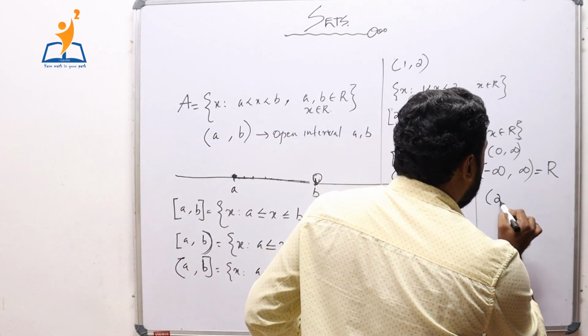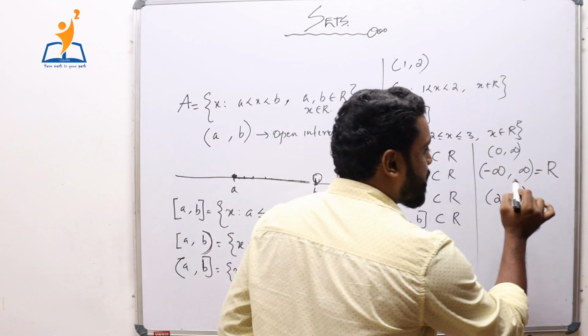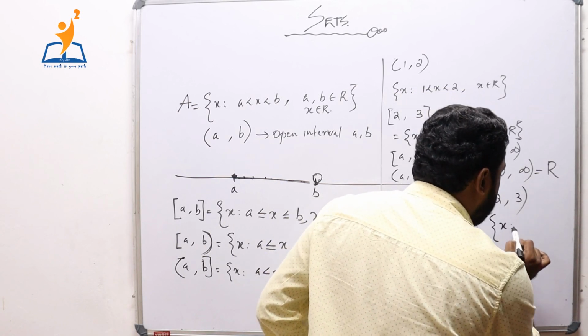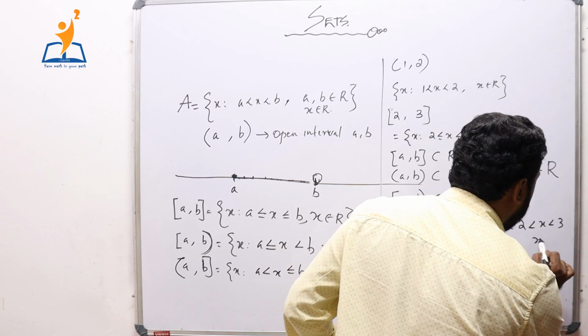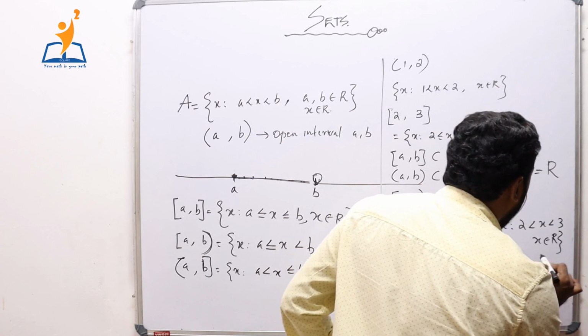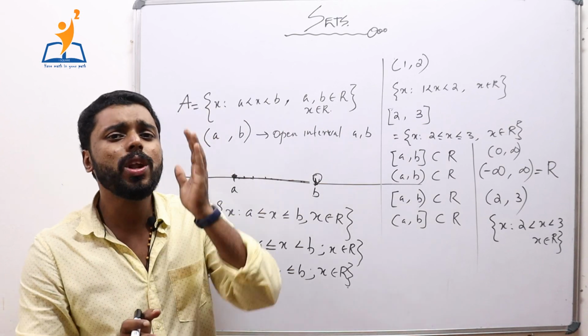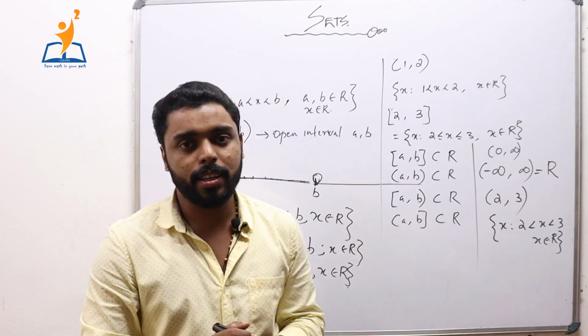Whenever we say that we are considering open interval (2, 3), it is actually a subset of R, as well as the set of all x such that 2 is less than x less than 3 and x is an element of R. That means open interval (2, 3) is a set which contains all the real numbers in between 2 and 3.